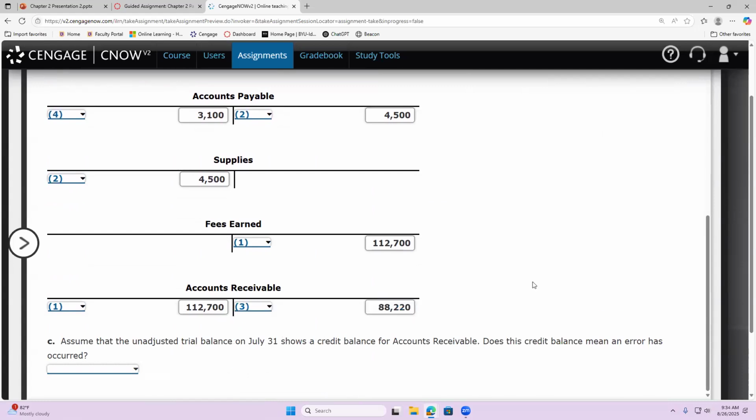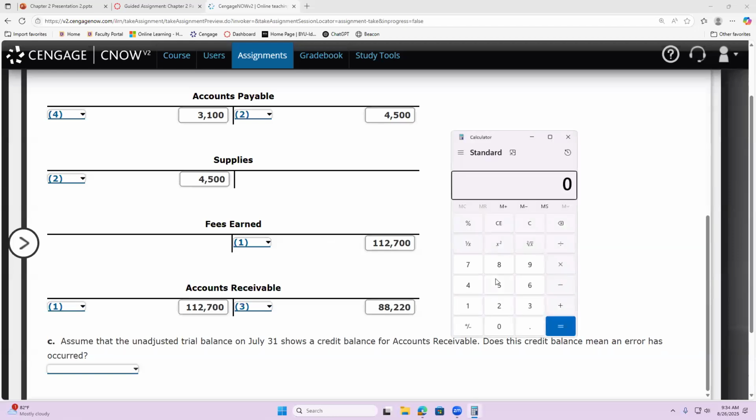So what's the balance of our accounts receivable account? I'm going to use a calculator for that one. So I take the bigger side, subtract the smaller side, and I find that the balance is 24,480, and that balance will go on the debit side, right?